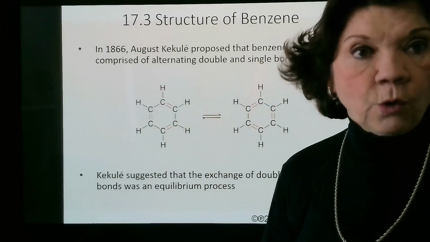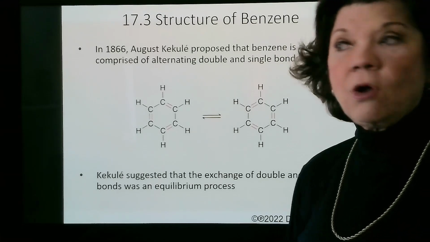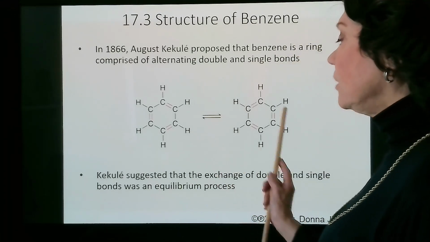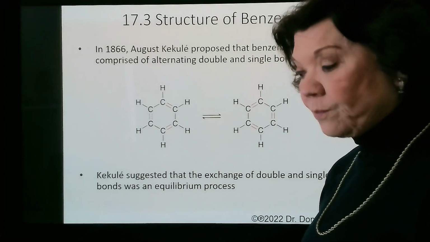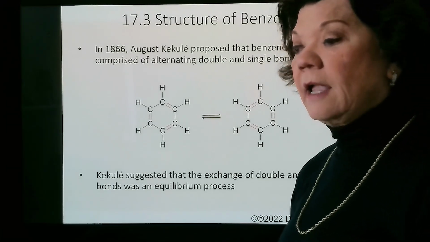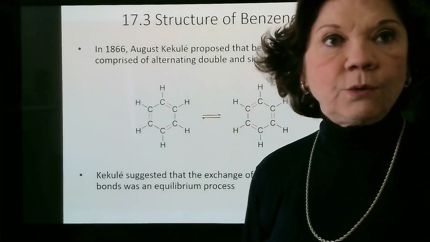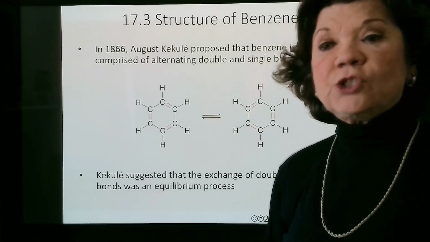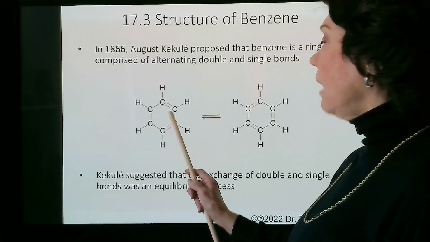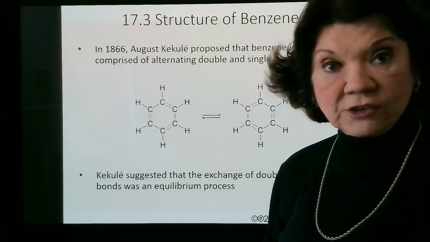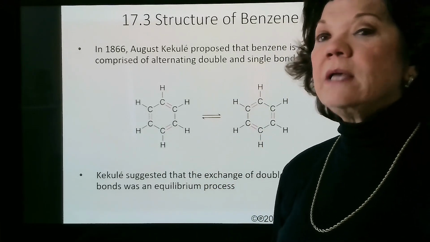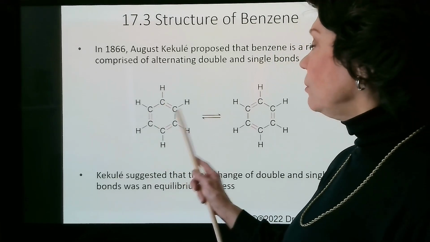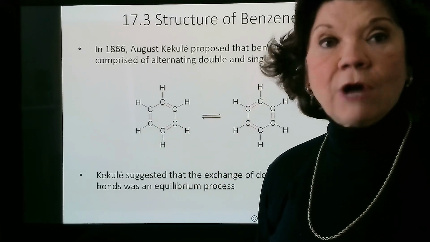And they said, how are we going to discuss these now that we know this is wrong? And so it was decided at that time that the chemists would never speak again about these two structures resonating. They would always say that the two structures have resonance.